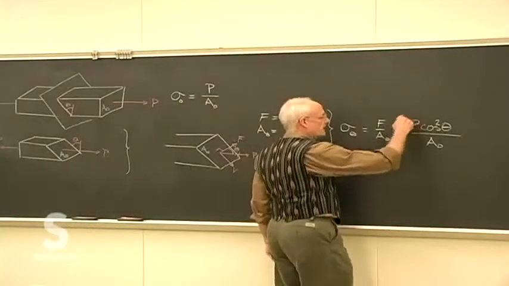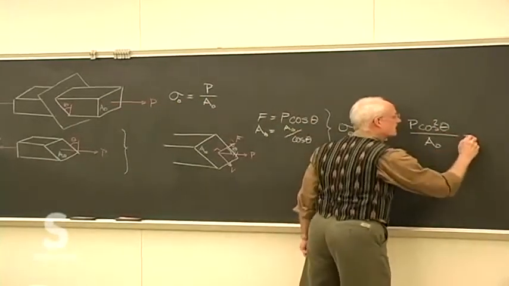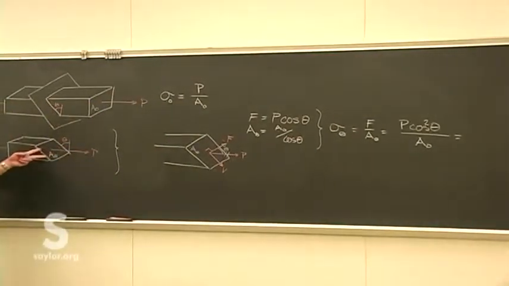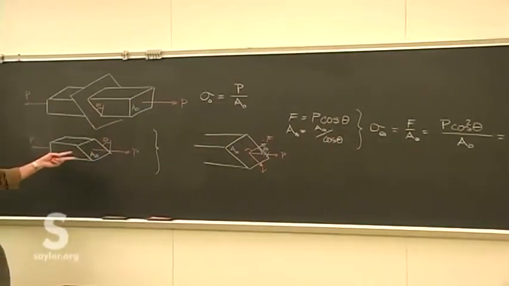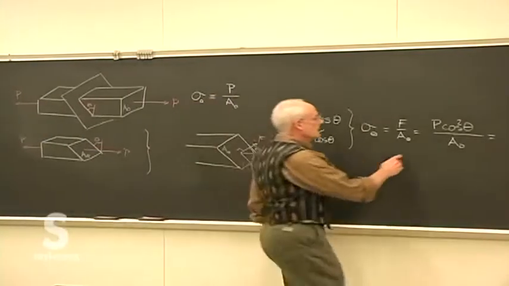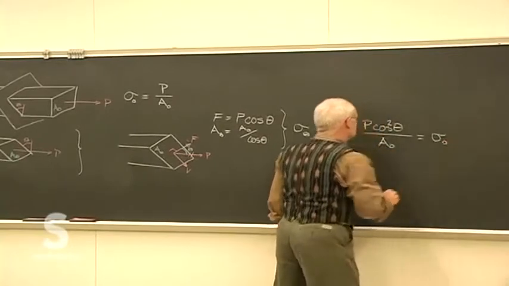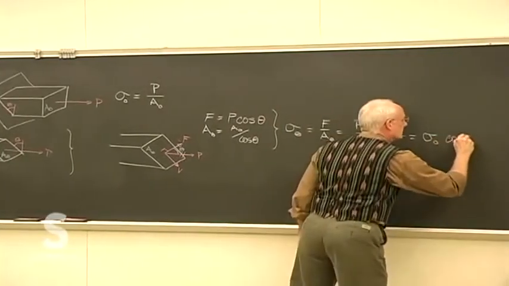What's nice about that is that it allows us to compare the normal stresses at an arbitrarily inclined angle interior to the piece, compare it to the original normal stress that we were observing.